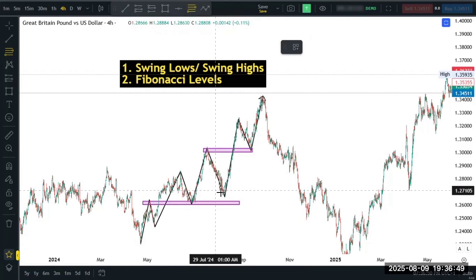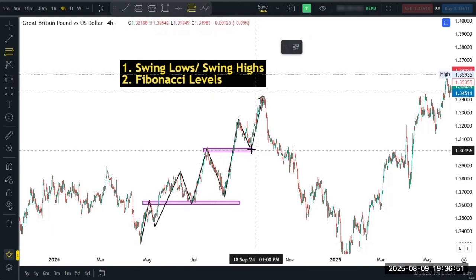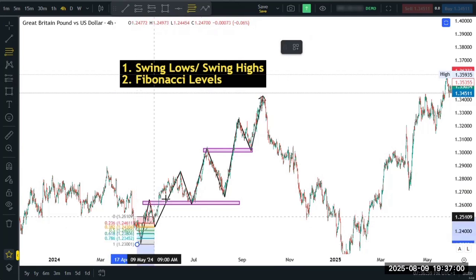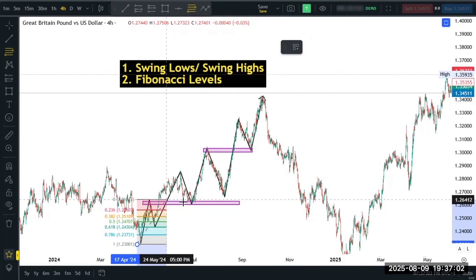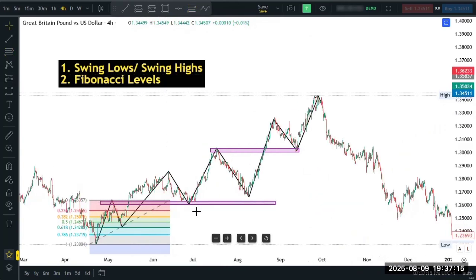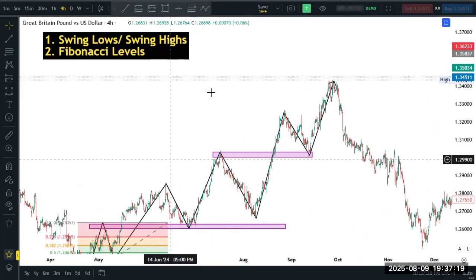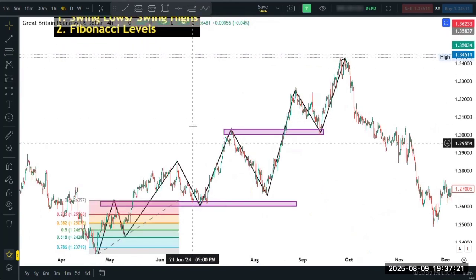How would you know that this is supposed to have been created here or here? We use Fibonacci levels. And for an uptrend, I will start from the low. I will click my tool and I will extend it to wherever it is. Let me increase and widen the levels for us to see.